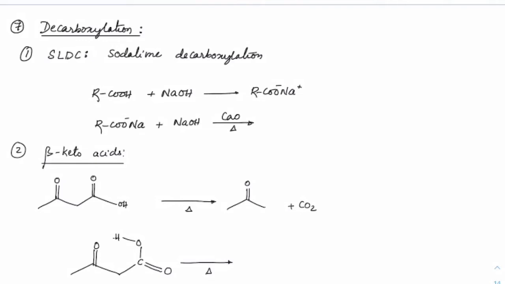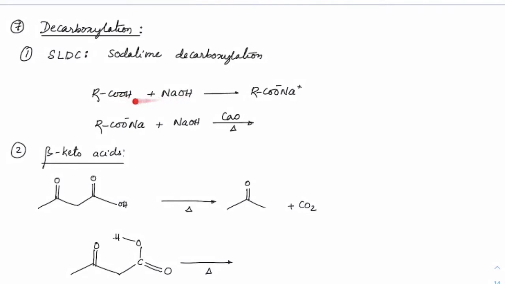So far what we have done is dehydration or decarboxylation in some cases. We have seen hydroxy, amino as well as dioic acid. Now, exclusively decarboxylation. We know that there are many ways by which we can do that, out of which SLDC, soda lime decarboxylation, is one.